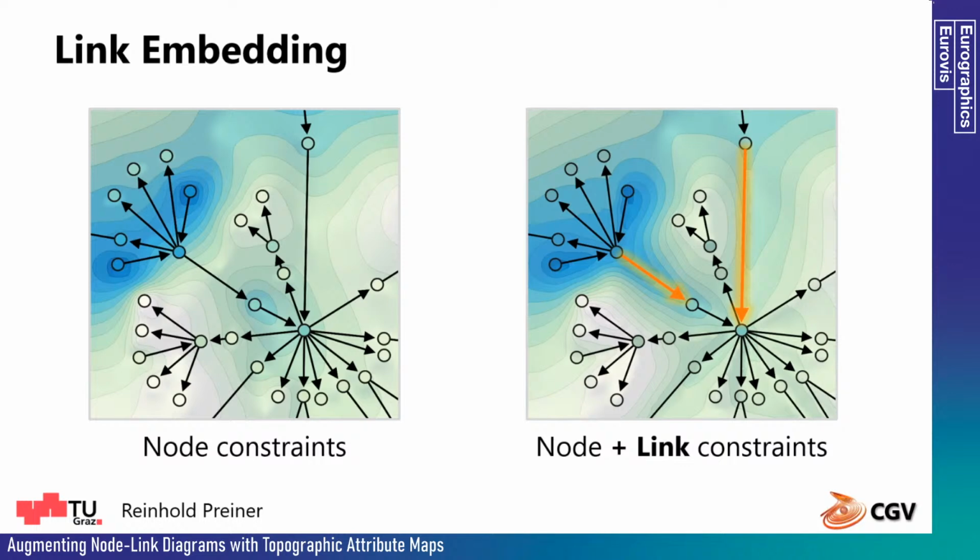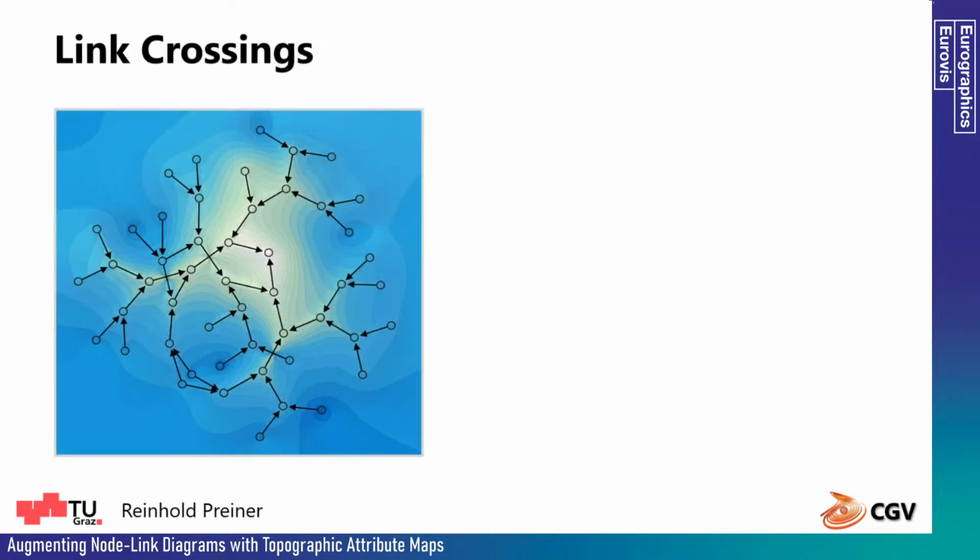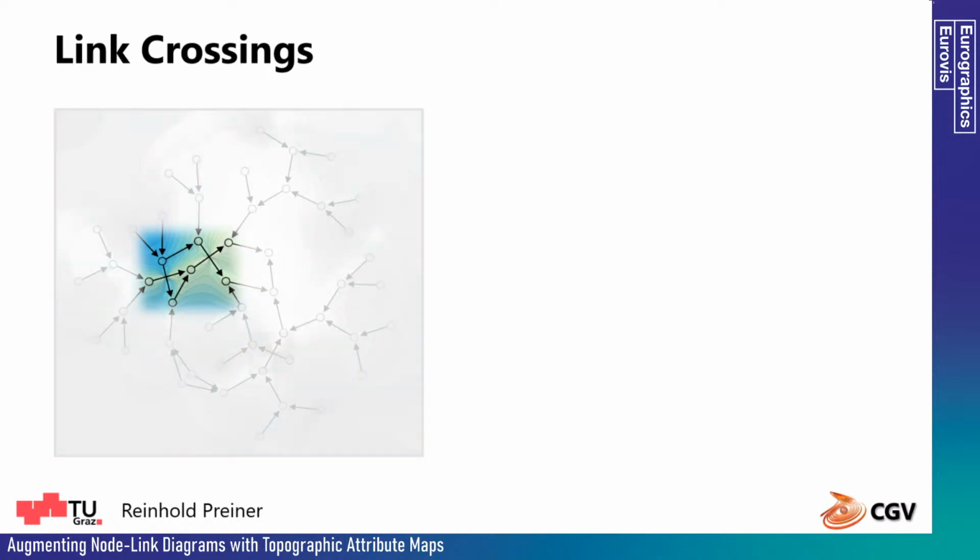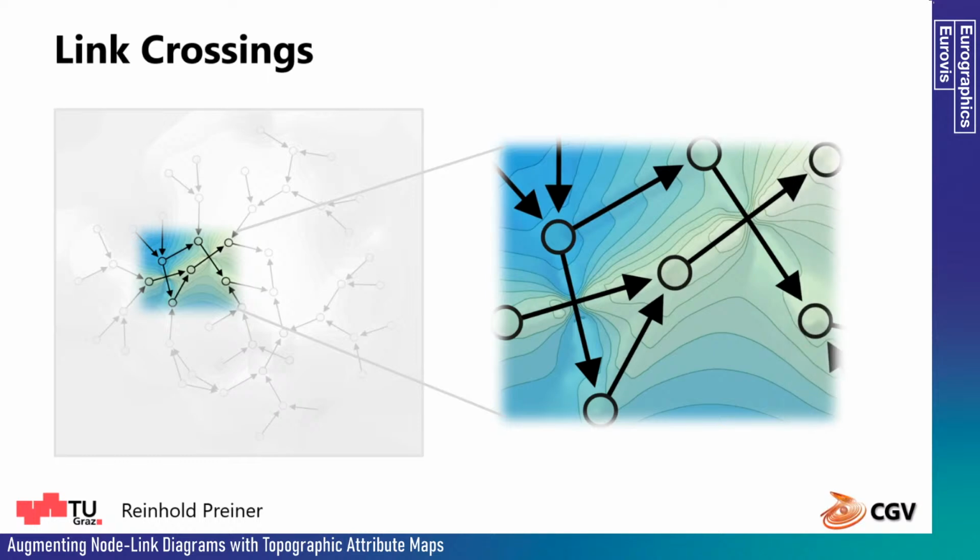Now, while this produces a landscape that visually much better supports the structure of the graph, using edge constraints raises a problem when two links intersect at a point where both have different interpolated height values. Here we see two such cases in the detail region of this graph where edges at a lower altitude intersect with edges at a higher altitude. So here the question is which height value to use at the intersection point when we initialize the height field.